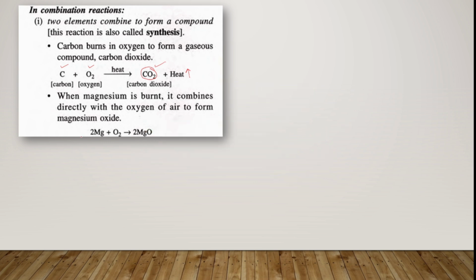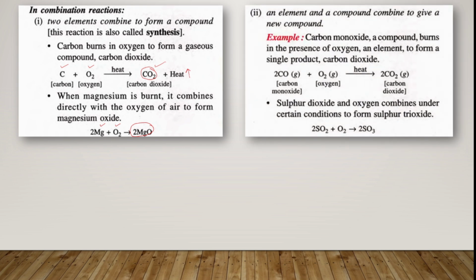Another example is magnesium, an element, and oxygen, another element. These two combine together to form magnesium oxide, which is a compound. That is the first type: 2 elements combine to form a compound. Second, an element and a compound. Here carbon monoxide is a compound and oxygen is an element.